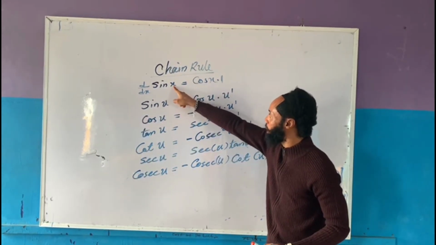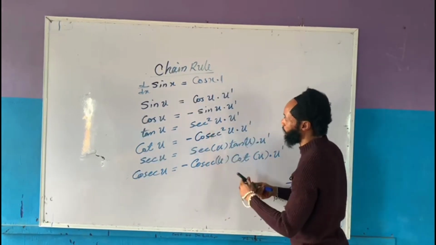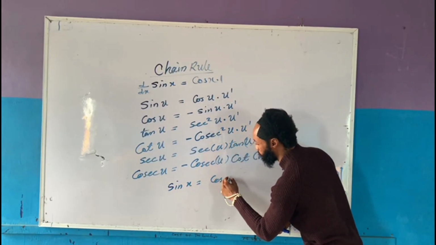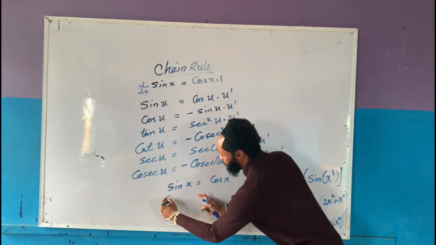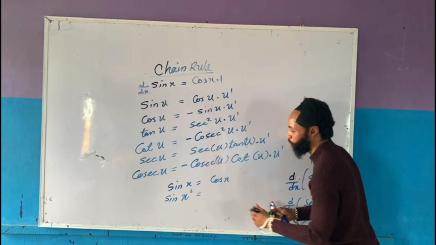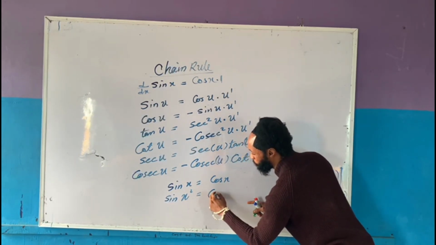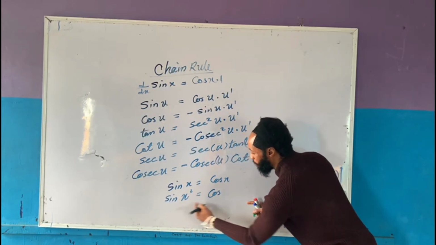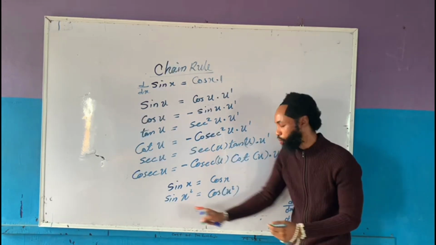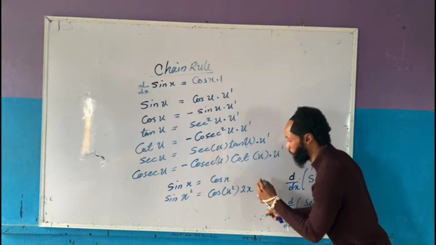What this means is that if the derivative of sine x is cos x, what if I say sine of x squared? Differentiate sine, I'll get cos. Keep my angle the same way, x squared. I didn't touch it. Now if I differentiate x squared, I'll get 2x.